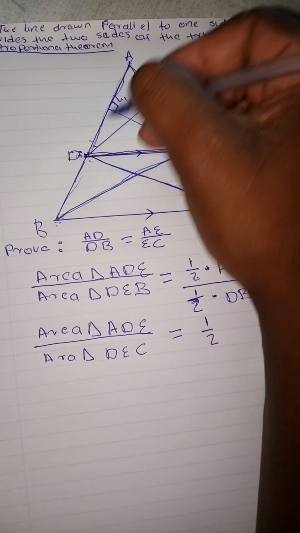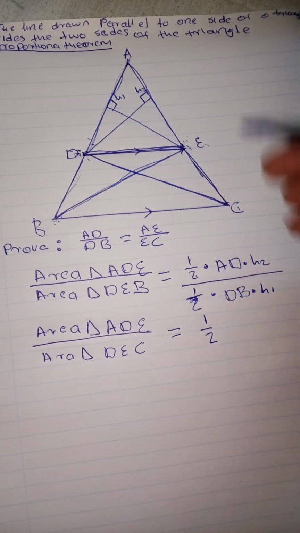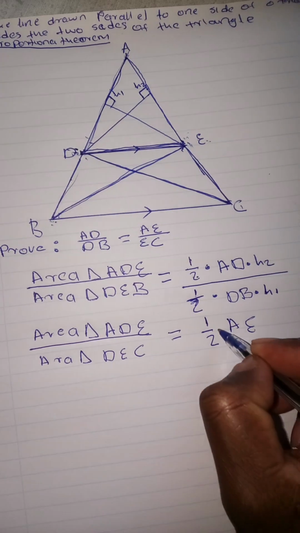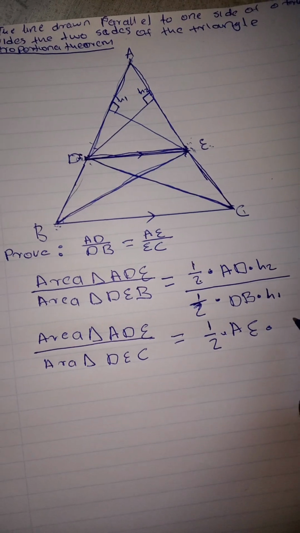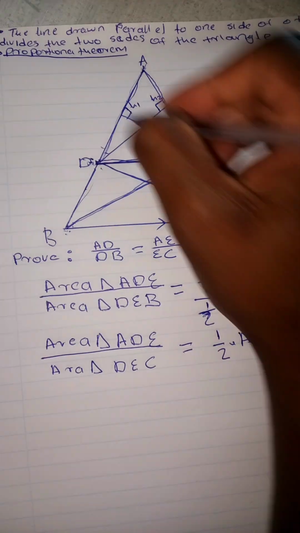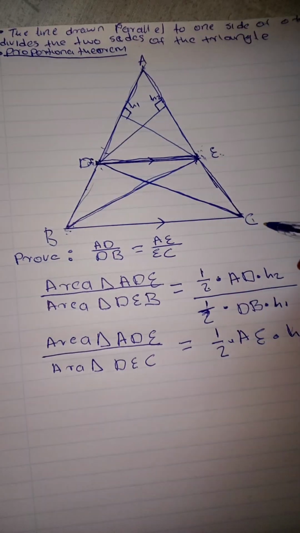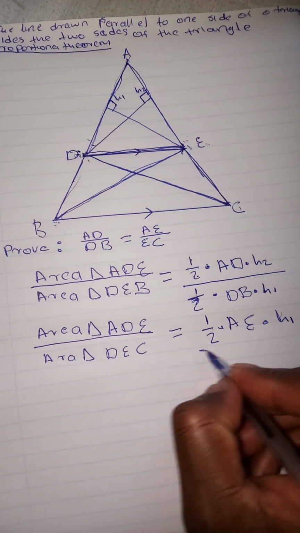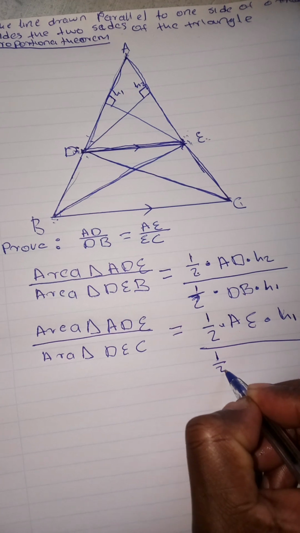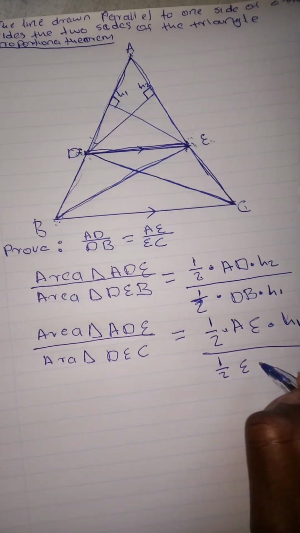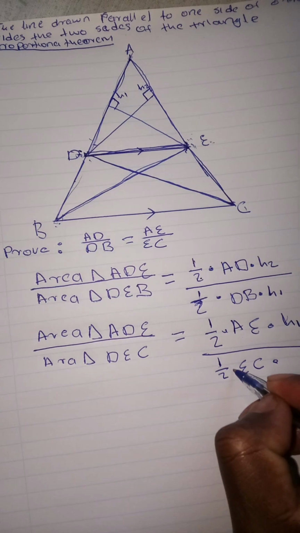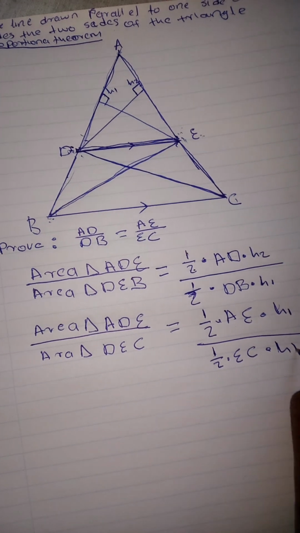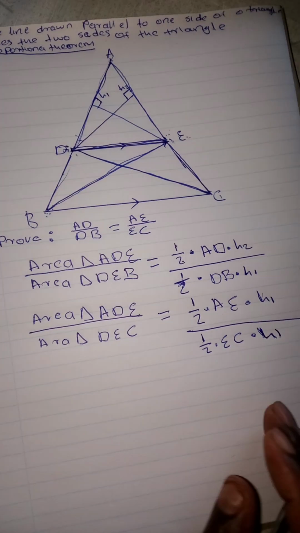That time it was for this side, AD and DB. Now it is for this side, AE, times H1, the opposite height. Then you come over, 1 over 2 EC times H1. For the second step, we are using the same height, which is H1.